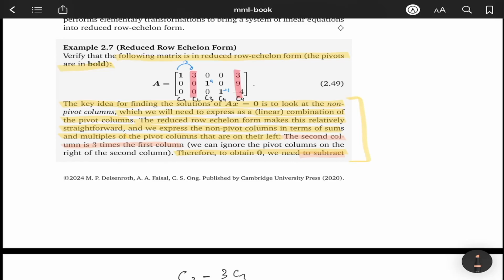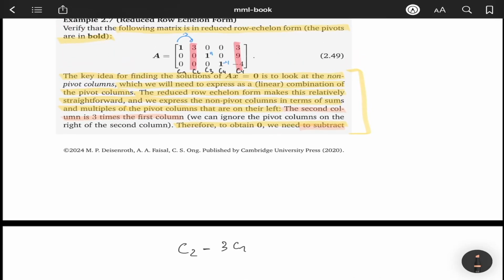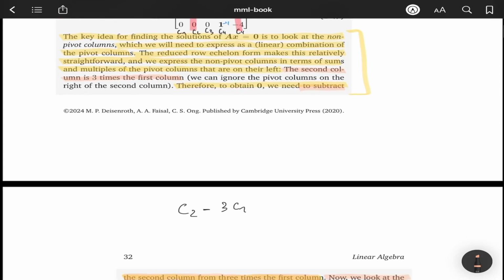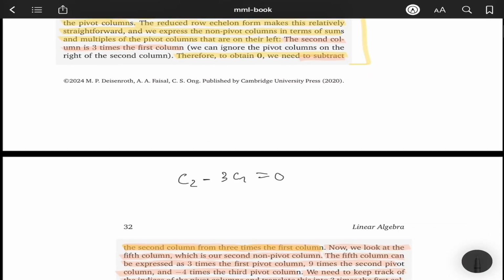Then we say the second column is, we need to subtract that. We need to subtract basically minus 3 times C1 to get 0, right? This is all to get 0.